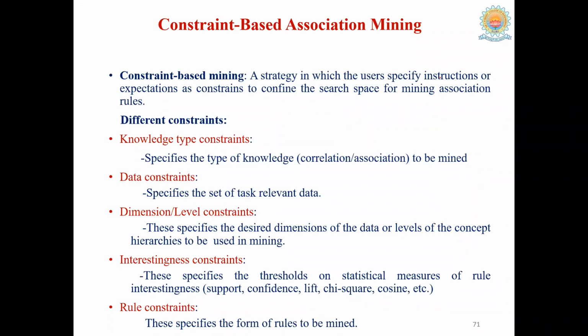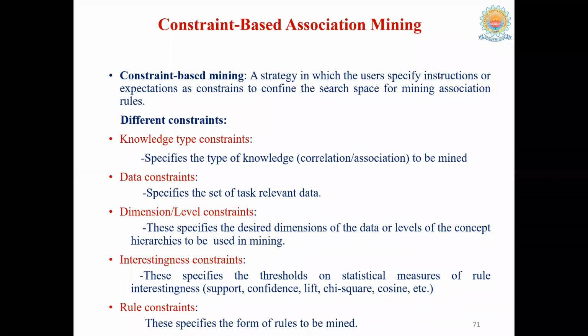Coming to the knowledge constraints, these are constraints on the knowledge you want to extract. The data constraints are constraints on the data. That means which data particularly you want to extract from the overall large data warehouse, which part of the data you need to extract.